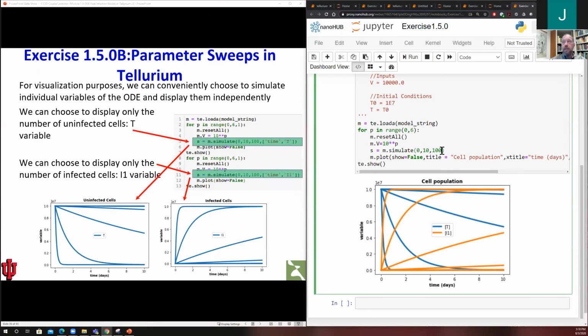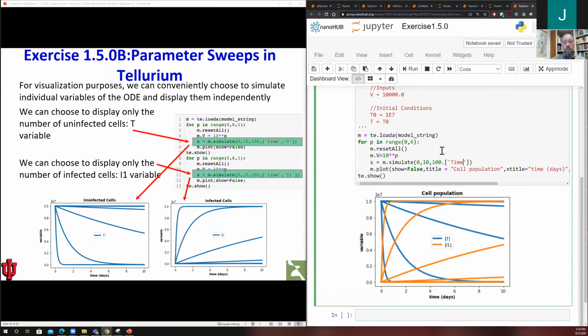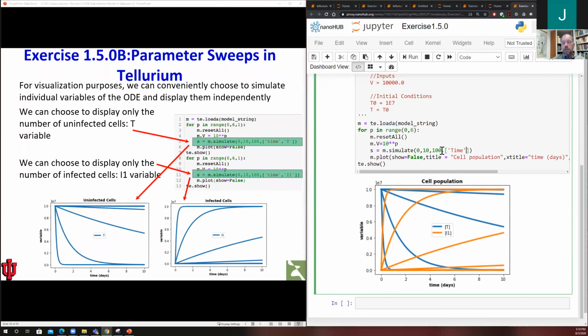The way you do that is, at the end of the simulate function, you use square brackets. That means it's a list. And inside of the square brackets, you put the parameters you want to plot. So here I'm going to put time, which is a reserved variable, and then the name of the variable that I want to plot, in this case, I1.